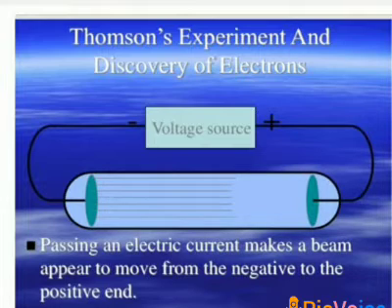Thomson explained the formation of cathode rays as follows. The gas taken in the discharge tube consists of atoms, and all the atoms contain electrons. When high electrical voltage is applied, the electrical energy pushes out some of the electrons from the atoms of the gas.